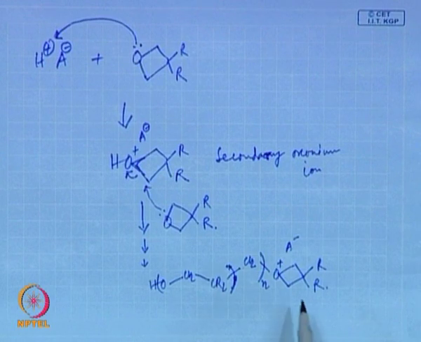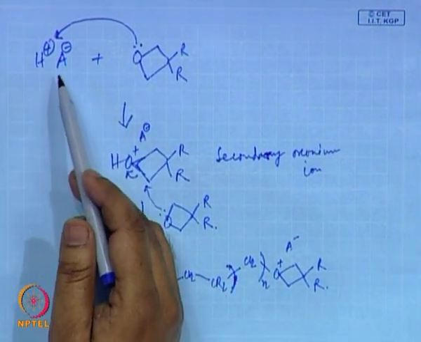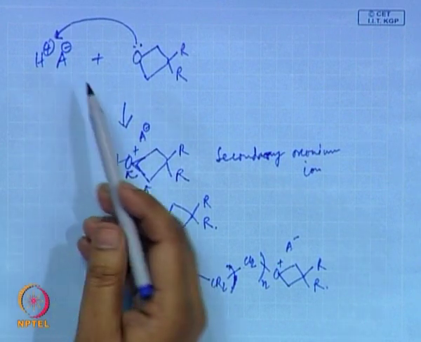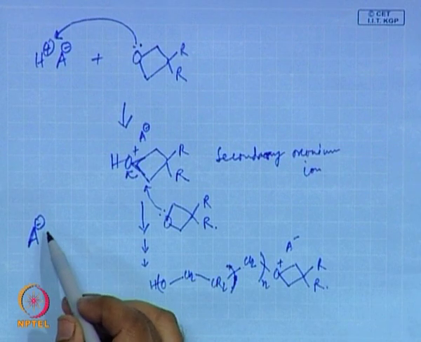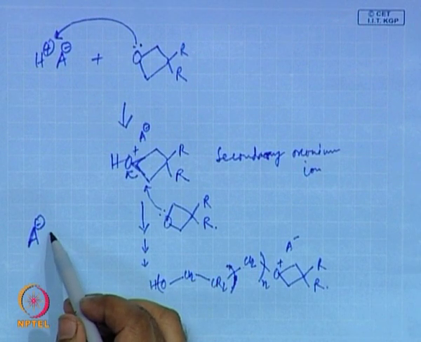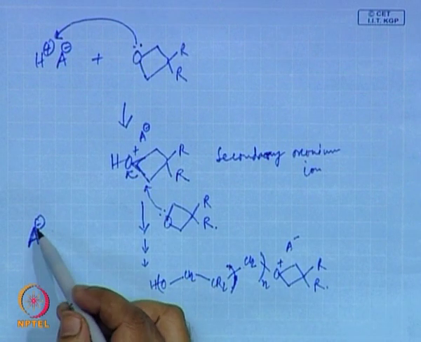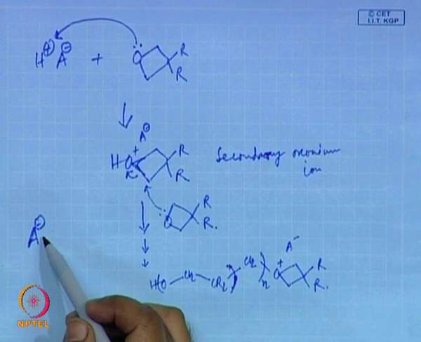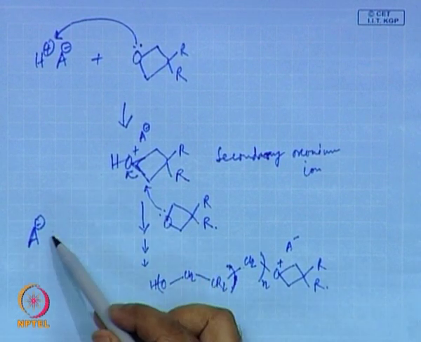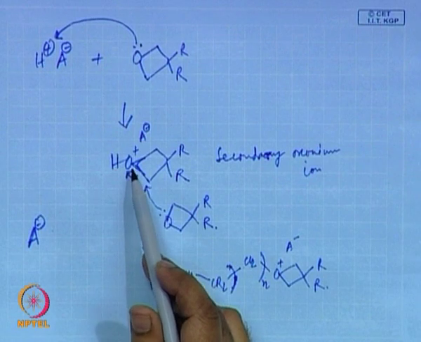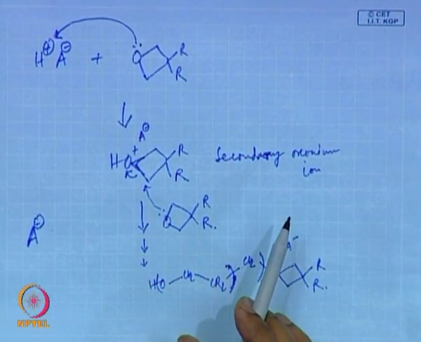Now, we have been saying that you need a very strong acid, because if your acid is not that strong, then the counter ion will have sufficient nucleophilicity to either attack the oxonium ion or a proton and stop the reaction there itself.